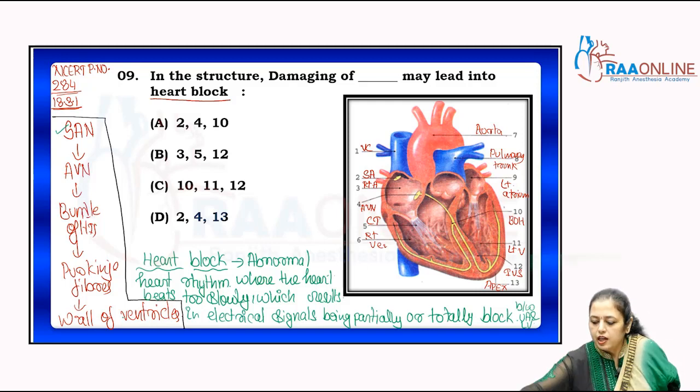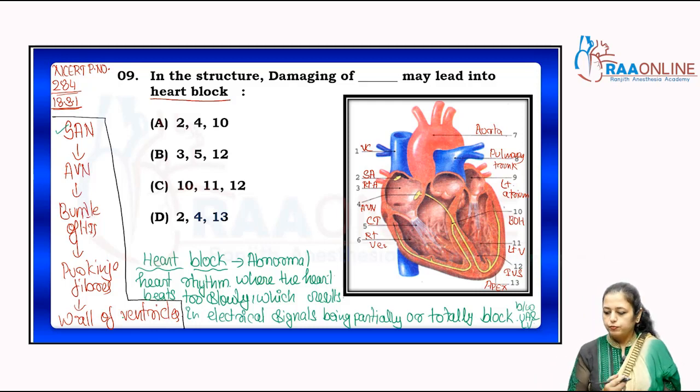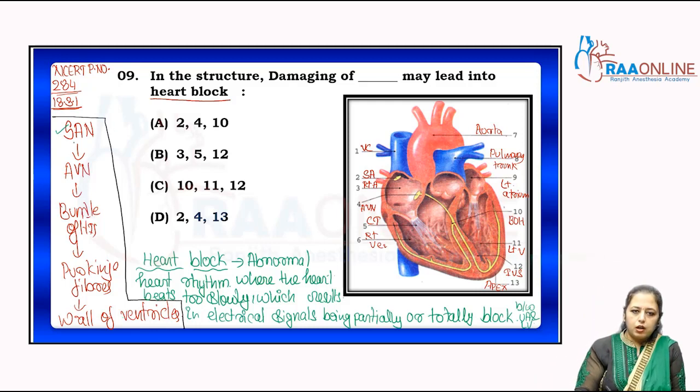So in NCERT, it is given at page number 284. The same lines are given there: these structures form a nodal system, which is responsible for the transmission of the nerve impulses.